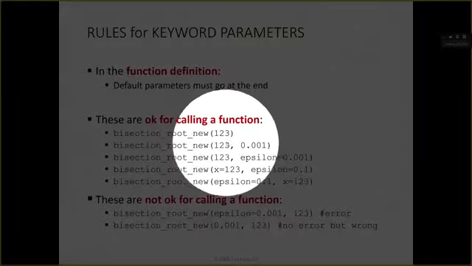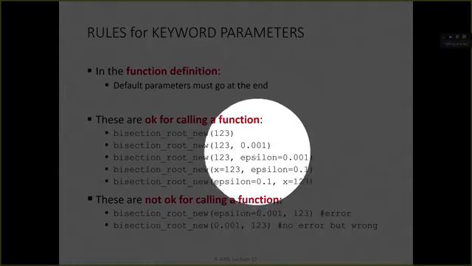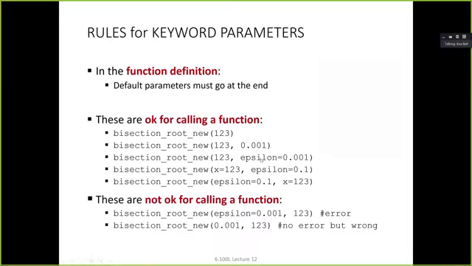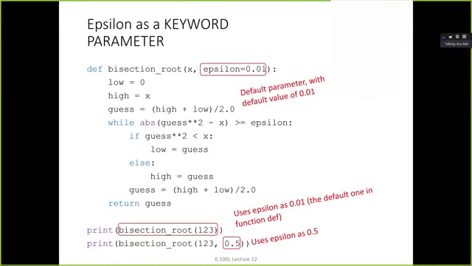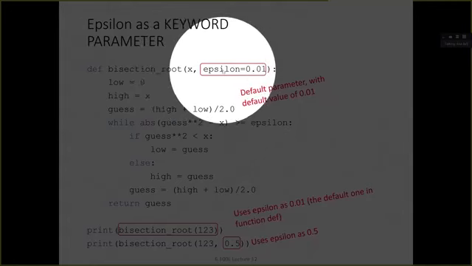Alternatively, just like we have in the past when we write our own functions with multiple parameters, you can pass in values one at a time, in the same order, for every one of those parameters, default or not. If you pass in values for all of them, Python will not be confused and it'll just match them one at a time. Variations on that, you can always pass in a value for a parameter name. Looking at the function definition, we can see the parameter names, the formal parameters, are named x and epsilon.